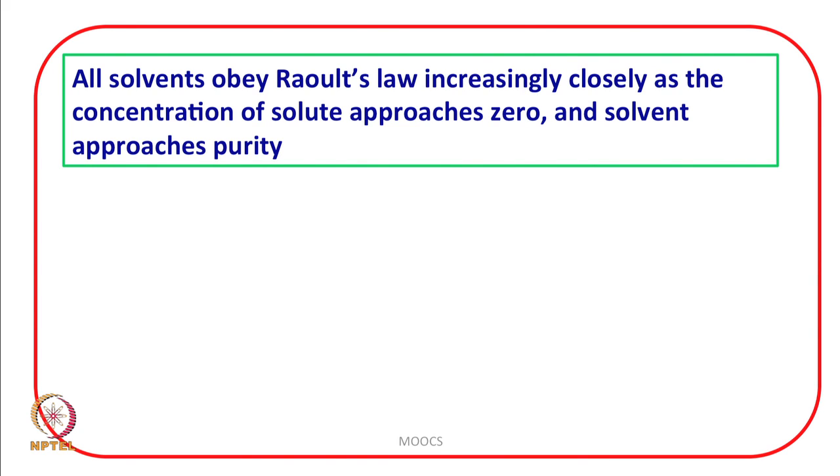We also discussed this previously, that all solvents obey Raoult's law increasingly closely as the concentration of solute approaches 0 and the solvent approaches purity. This I showed on a one component diagram in the previous lecture.